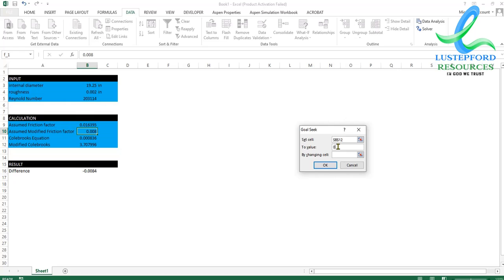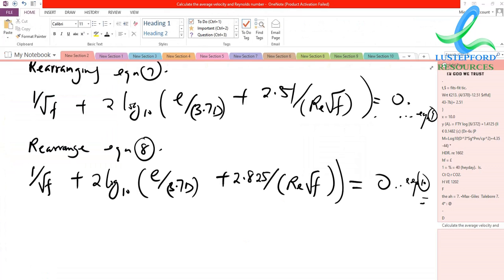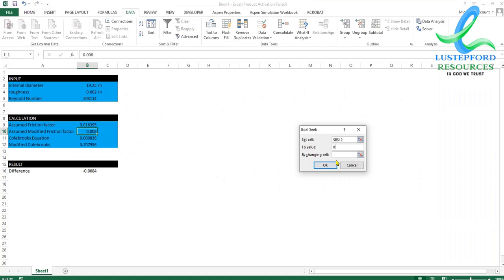We need this to be 0, just like what is here. We have rearranged it and made this plus this equal to 0.